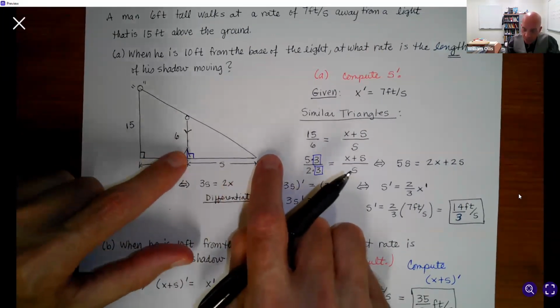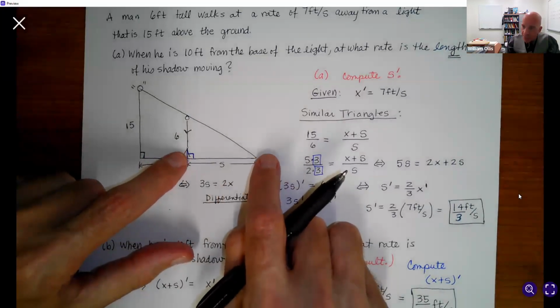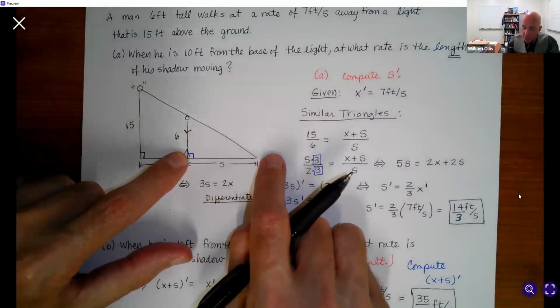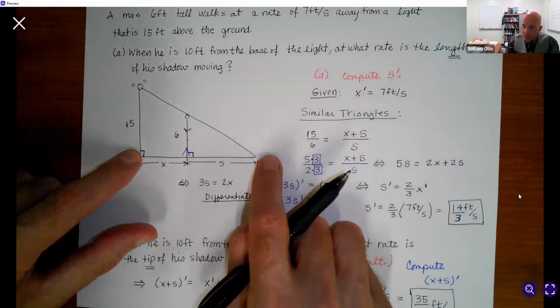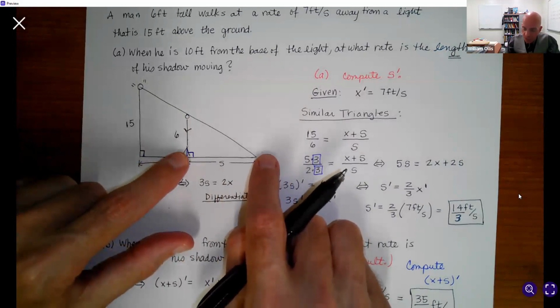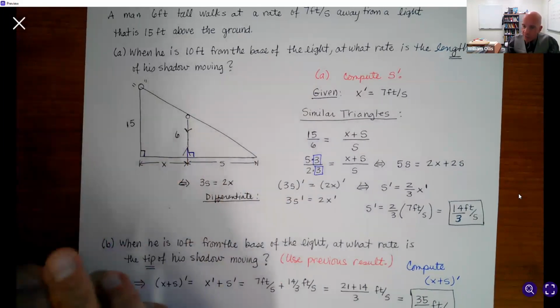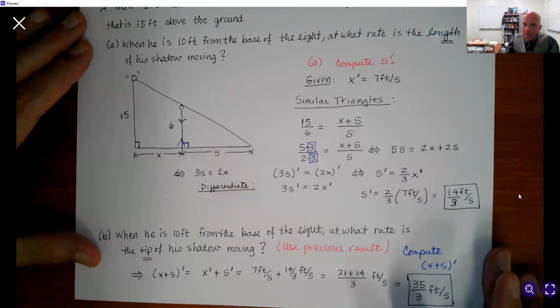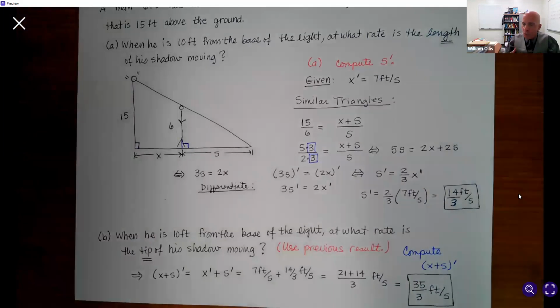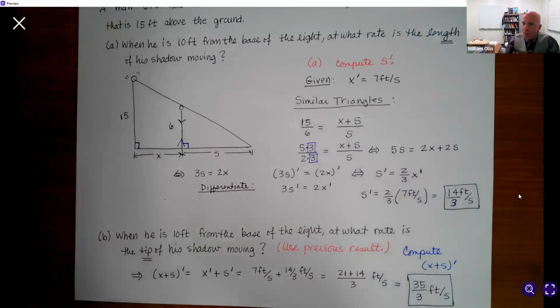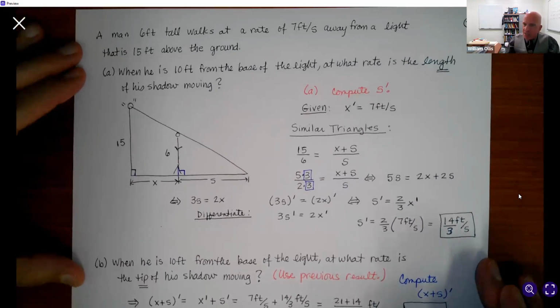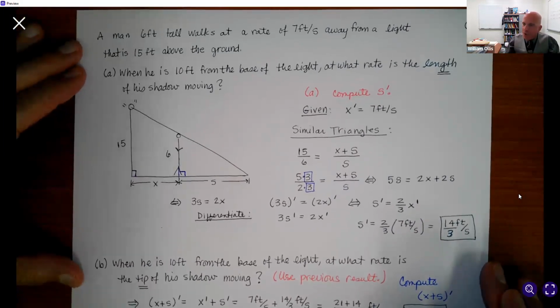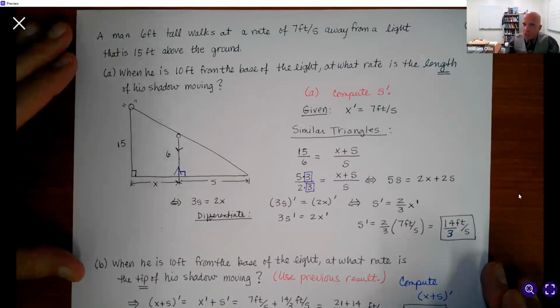And of course, the first question was to say, how is the length of the shadow changing? So the tip moves relative to x plus s. And of course, the shadow length changing is just s prime. So when you work a problem like this, sometimes you may find yourself switching the orders so that they actually make sense. But the problem is deceptive. Like I said before, it's very simple to state, but seems somewhat complicated.